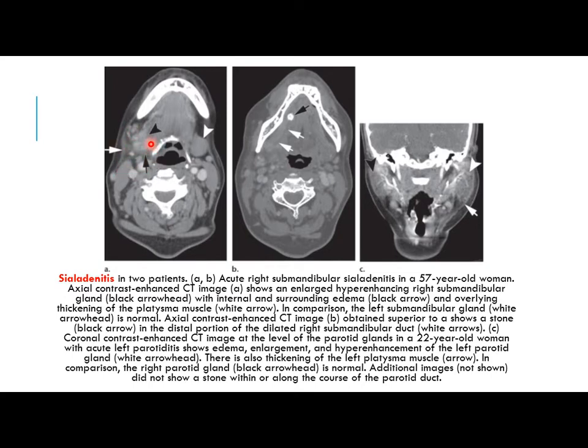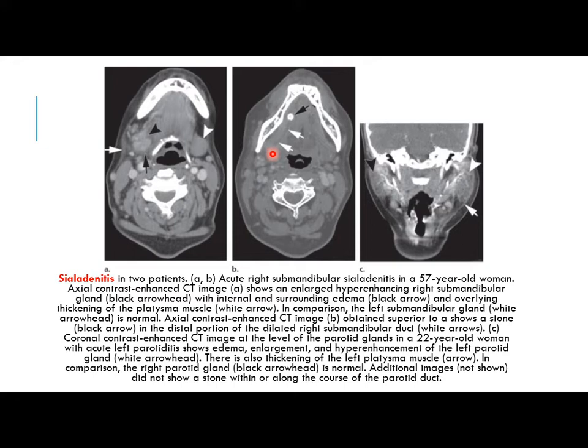In comparison to the left submandibular gland, which is normal, and the axial contrast enhanced CT image obtained in a superior section shows a stone in the distal portion of the dilated right submandibular duct. Actually, the cause of sialadenitis is usually either infectious or due to a stone, and a stone in the submandibular gland is more common.